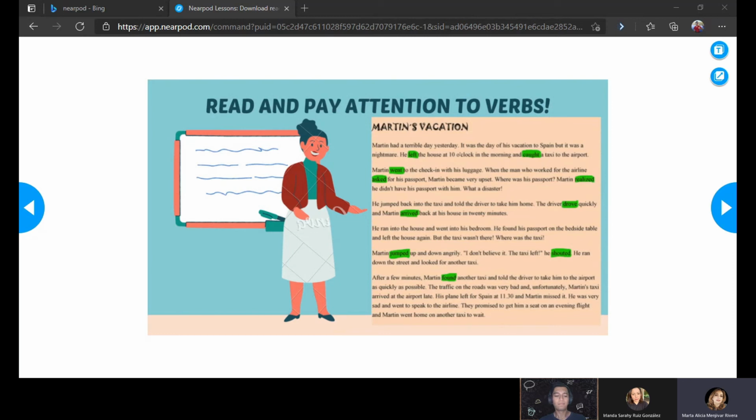The driver drove quickly and Martin arrived back at his house in 20 minutes. He ran into the house and went into his bedroom. He found his passport on the bedside table and left the house again, but the taxi wasn't there. Where was the taxi? Martin jumped up and down angrily.